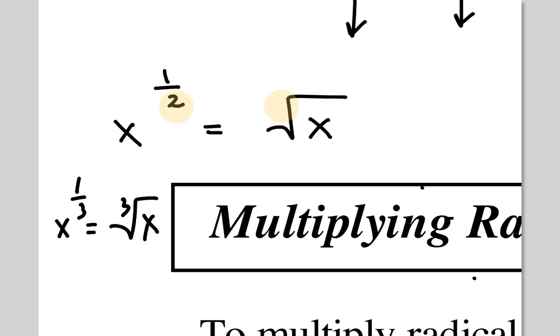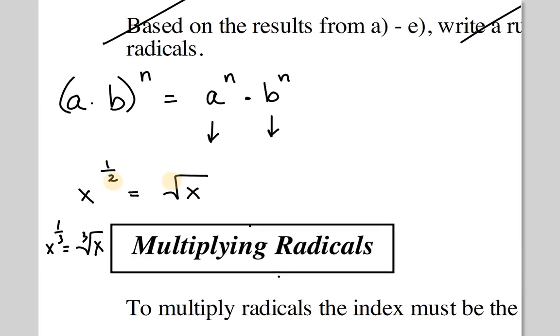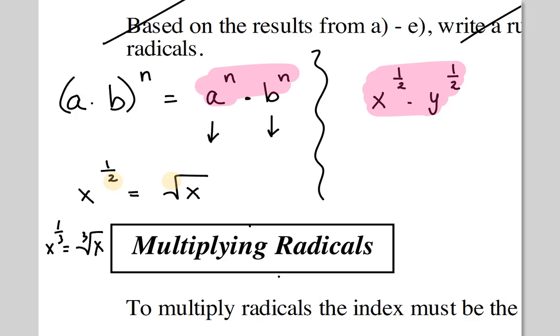So let's take a look at something like, what if we had this? X to the 1/2 times y to the 1/2. What would we do with that one? This right here looks a lot like this, right?